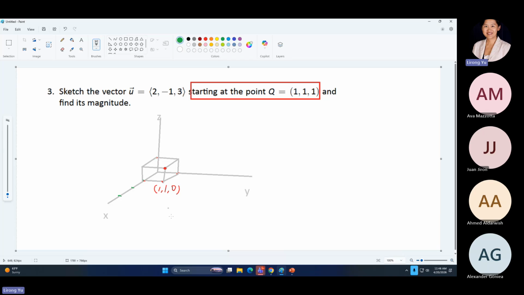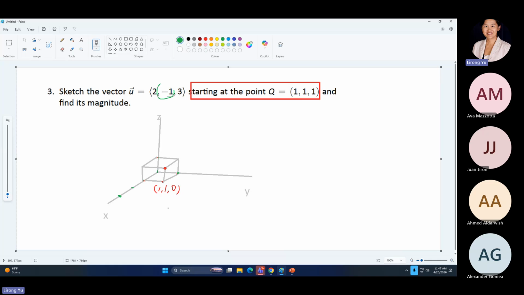X goes up by 2 units, and then y goes down 1 unit. So the y was 1 here, right? 1, 1, 1. And we're going to go down 1, so starting from 1 and then minus 1, we get 0 here. So then y equals 0, x equals 3 is here. And then let's say z equals 3.